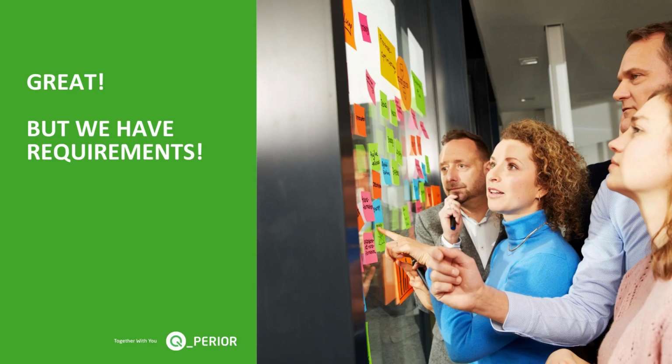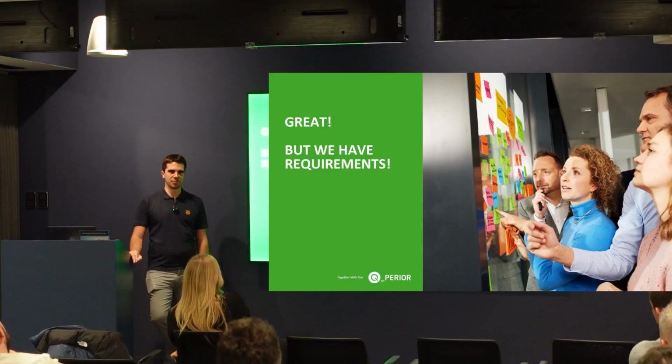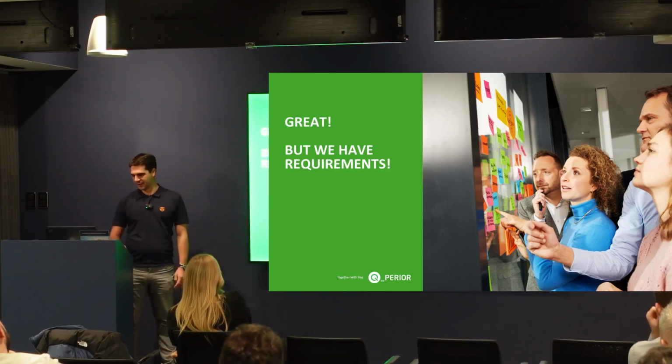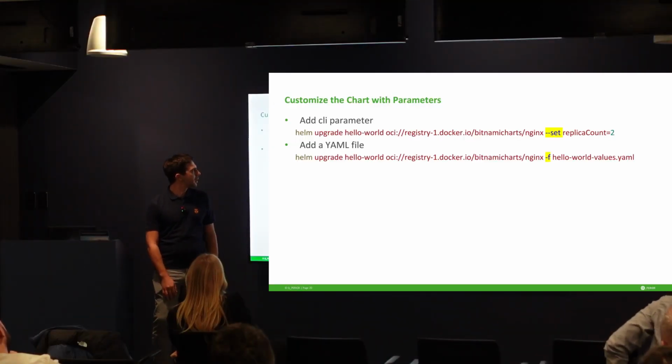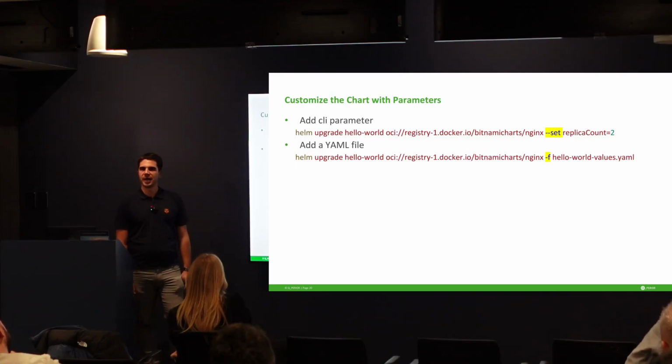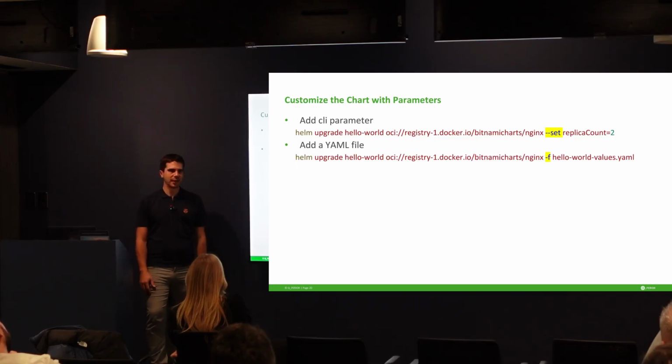Okay, great. But probably this chart will not fit your use case one-to-one, right? Probably you want to change something. And that is also really simple. With Helm, you can also just set parameters to customize the chart as you want. For that, we have all these template variables in it, right?